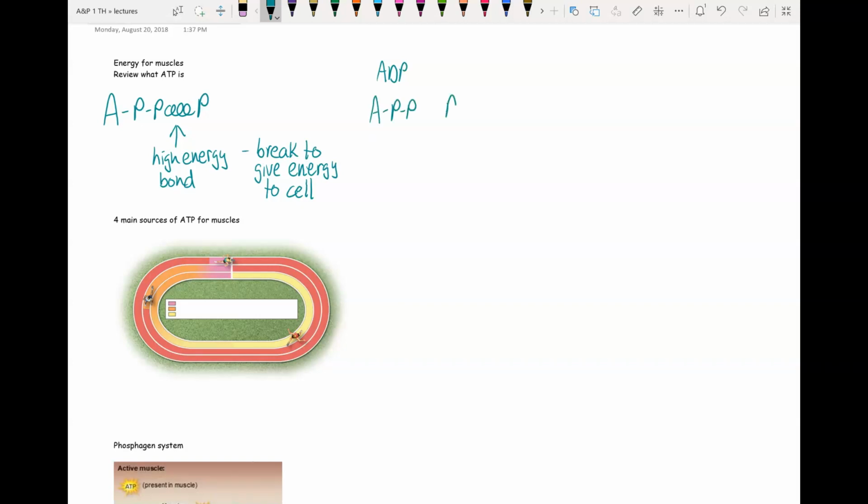And then that phosphate you broke off is by itself. Then the cell regenerates this. So remember, these two things go to the mitochondria and you reattach that phosphate. And you're back to having ATP.